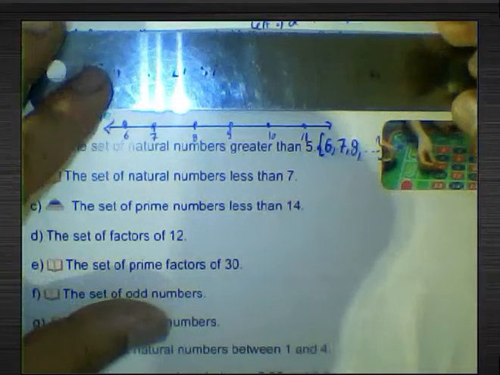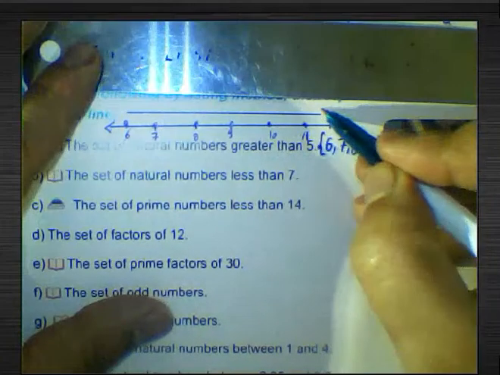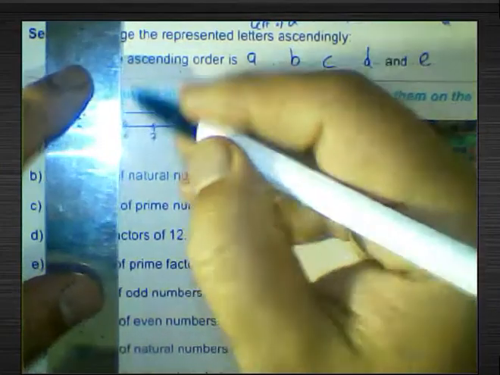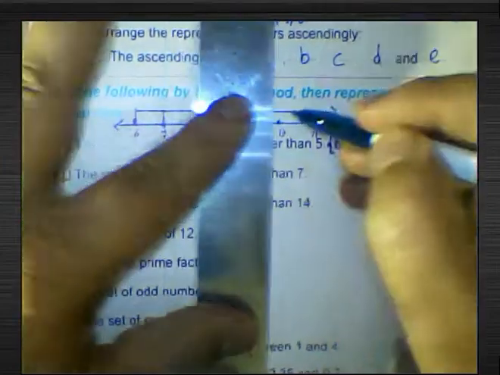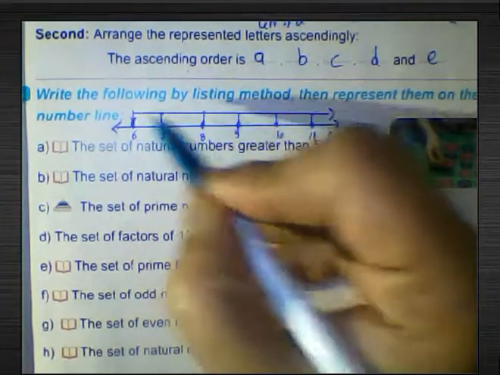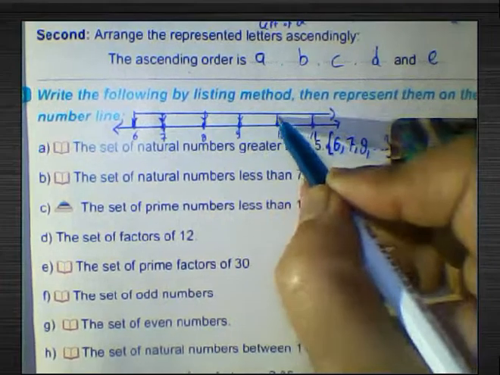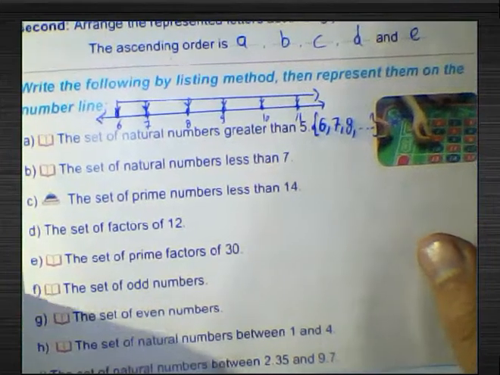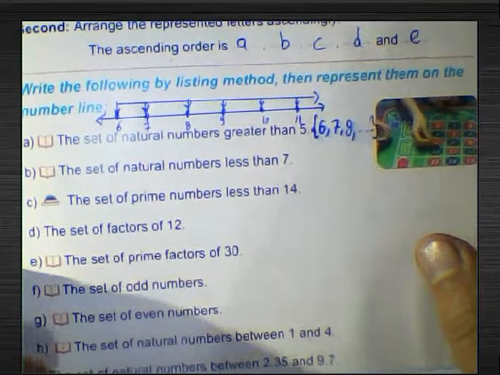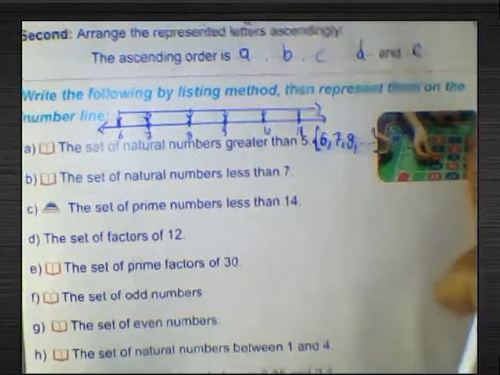You can draw a ray parallel to the straight line beginning from 6 to infinity. It's easy for you. Okay. Again, the set of natural numbers greater than 5 will be 6, 7, 8, 9, 10 to infinity.